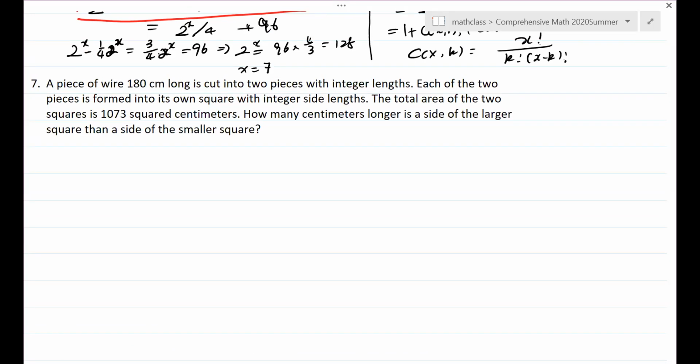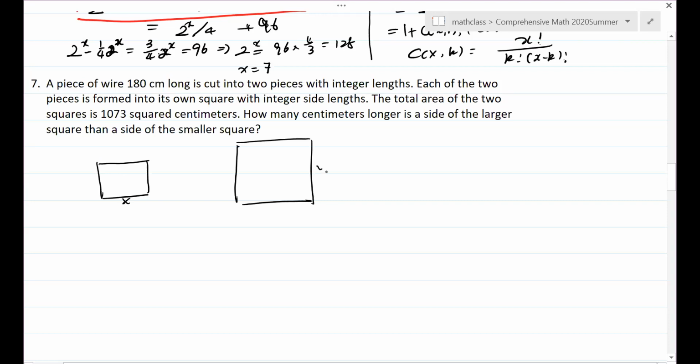So actually, what we're going to do is let's draw the two squares. One square and another larger square. So this side is x, this side is y. What are we given, what do we have to find out?